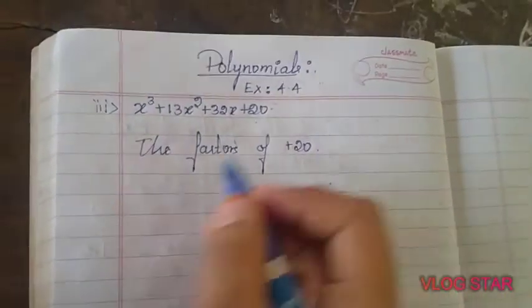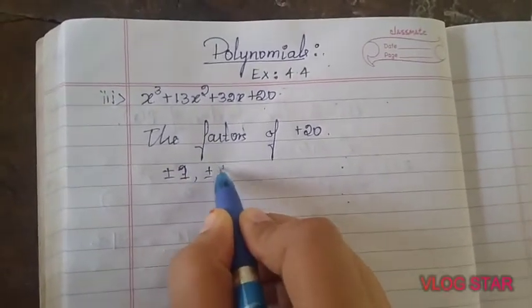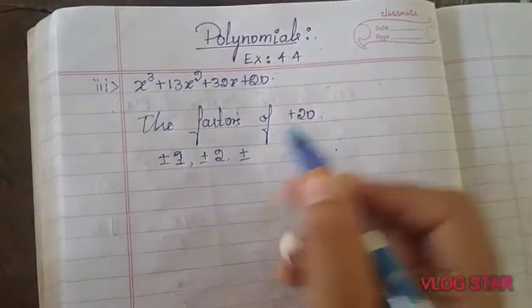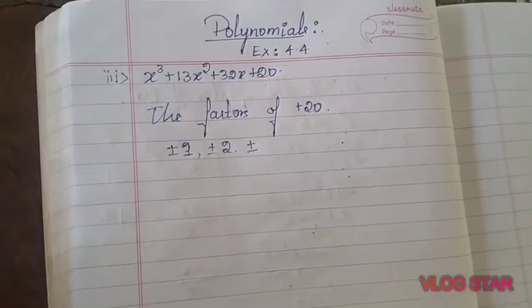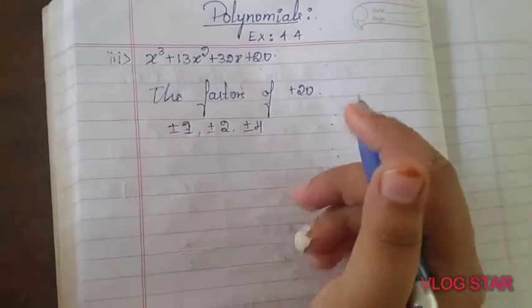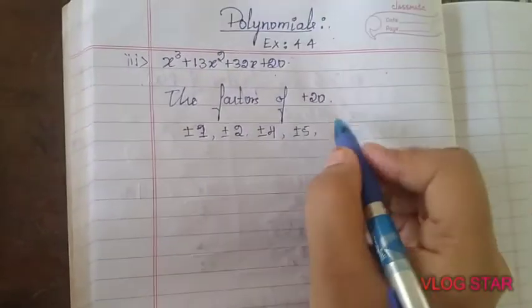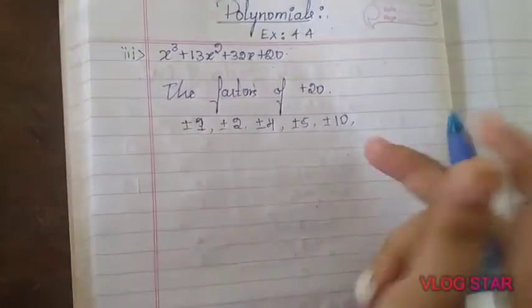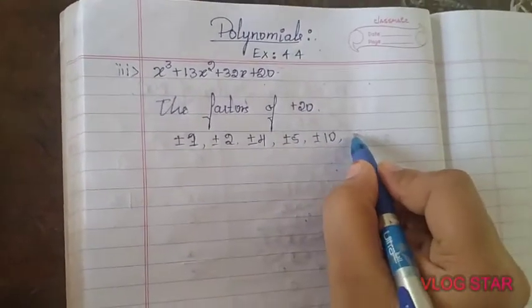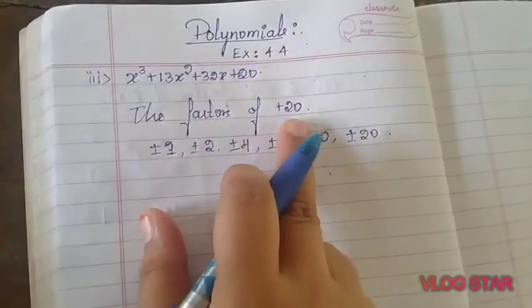So: plus or minus 1, plus or minus 2, 3 will not come, then plus or minus 4, since 4 fives are 20, plus or minus 5, plus or minus 10, and plus or minus 20. These are all the factors of 20.